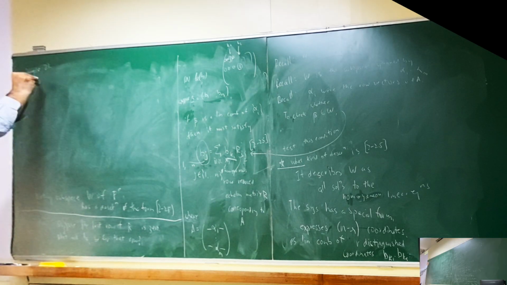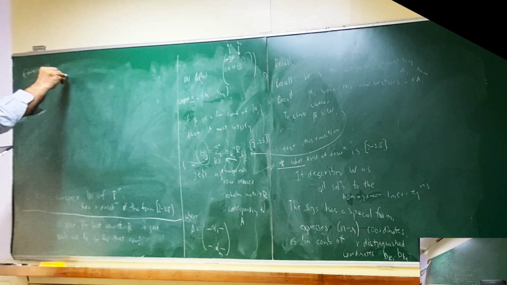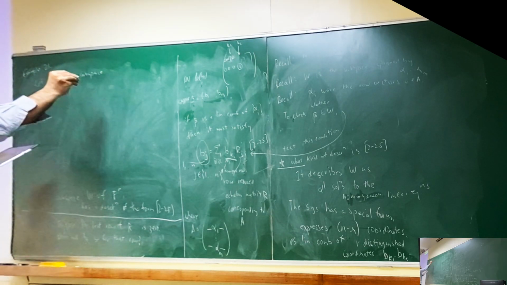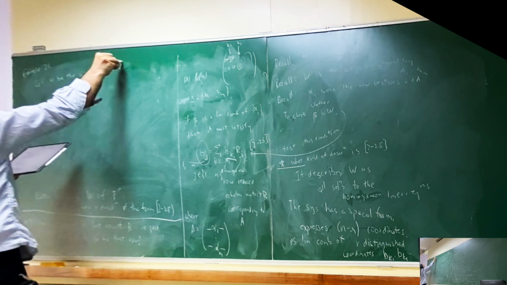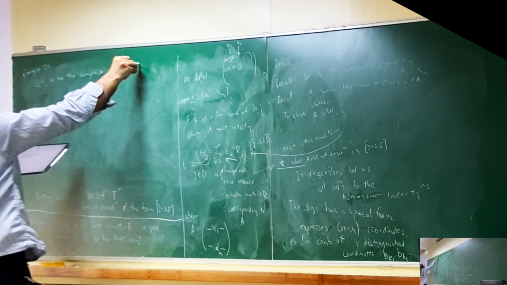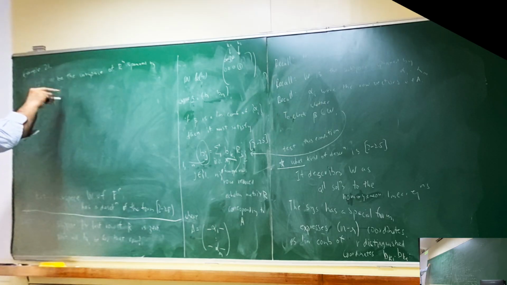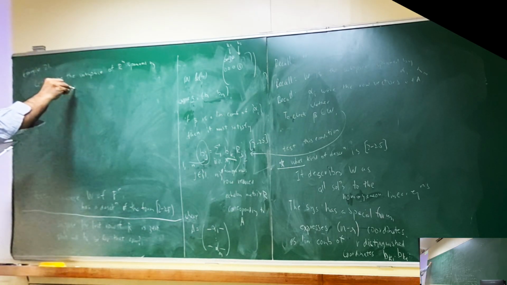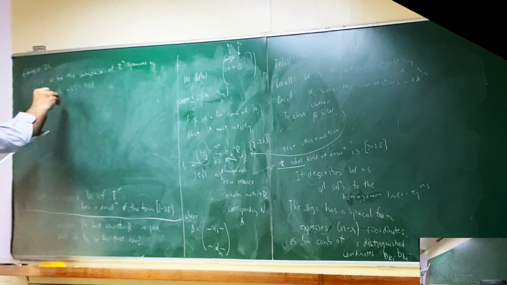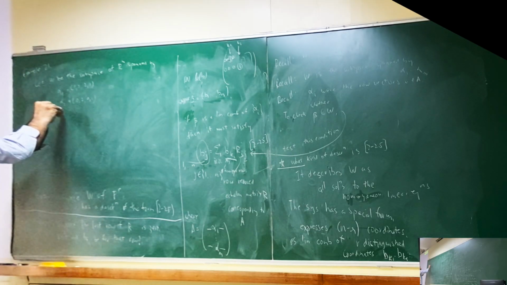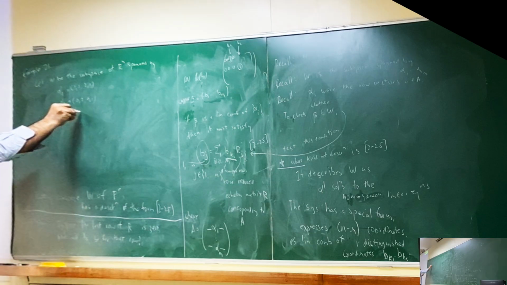Let this be the subspace spanned by alpha 1 equals, alpha 2 is 0 to 0.